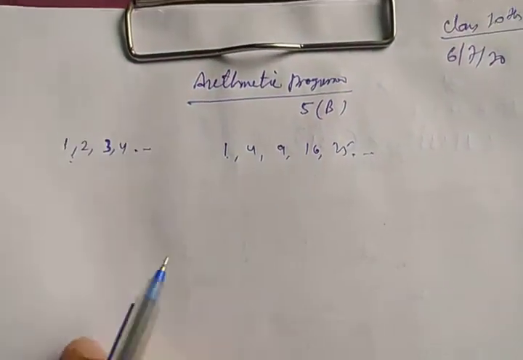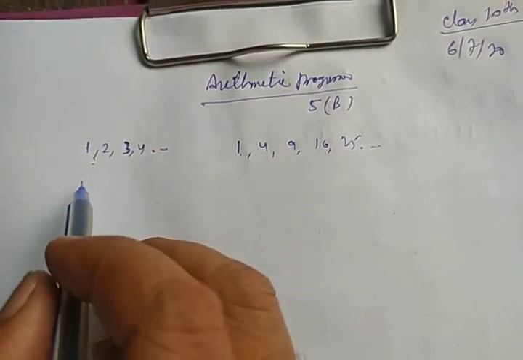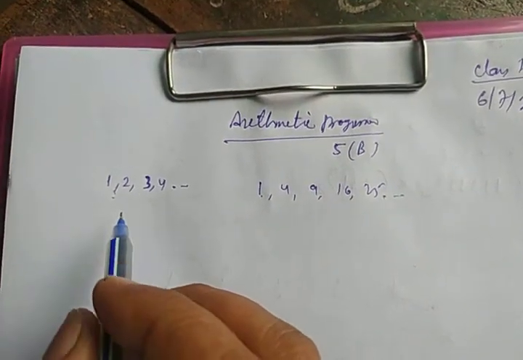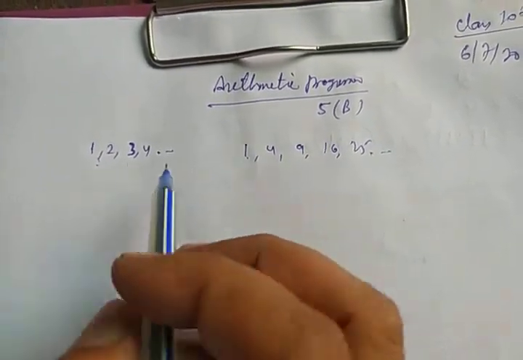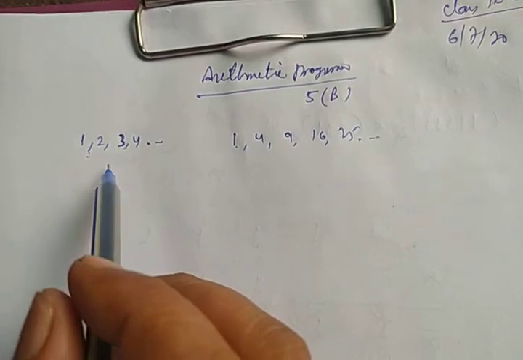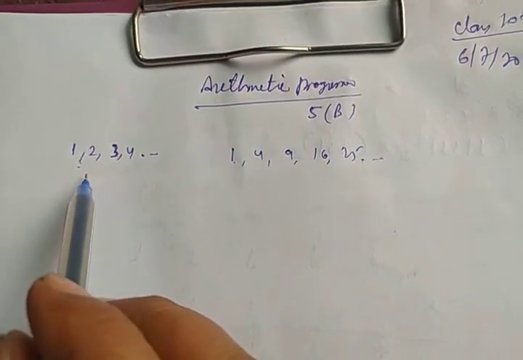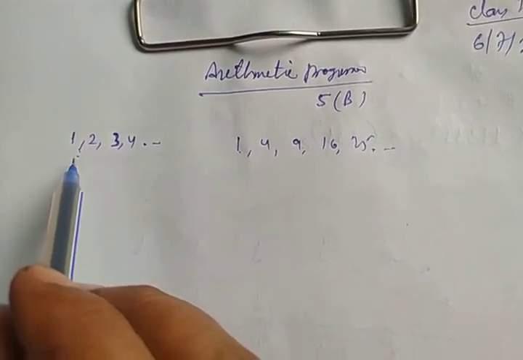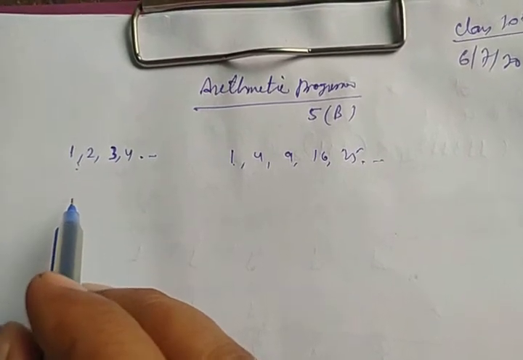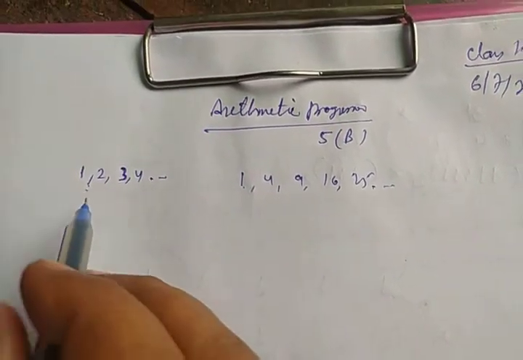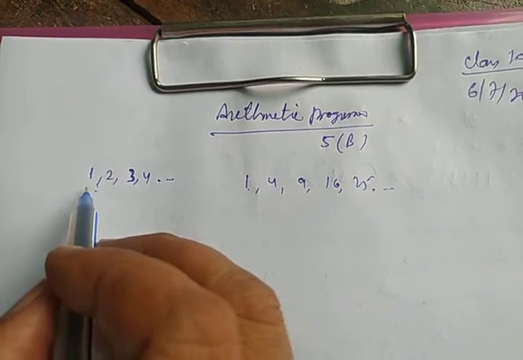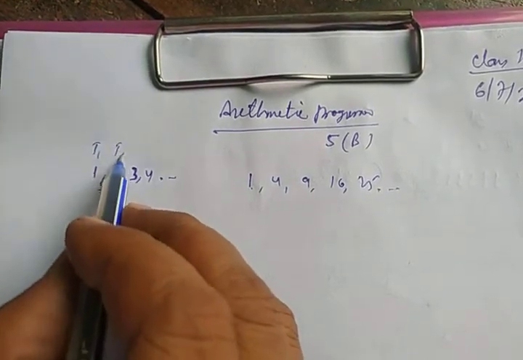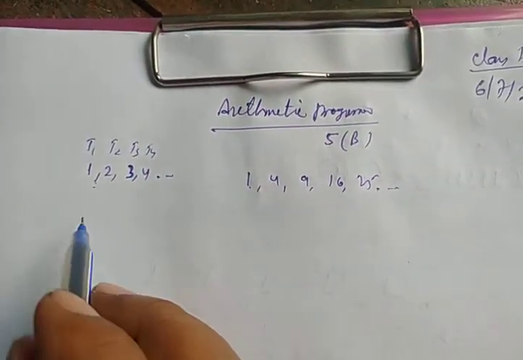Now let us take the concept of arithmetic progression. Actually, any sequence in which the common difference between the terms is the same is called an arithmetic progression. For the sake of example, let us denote the terms by T1, T2, T3, T4 in the same manner.